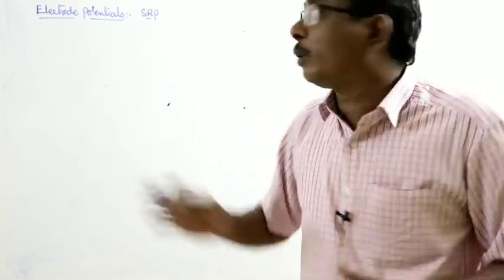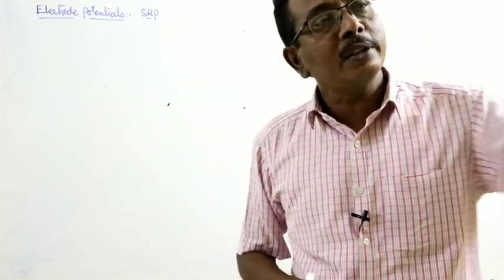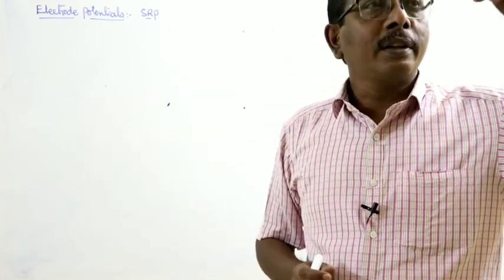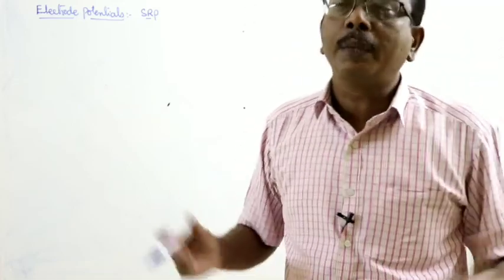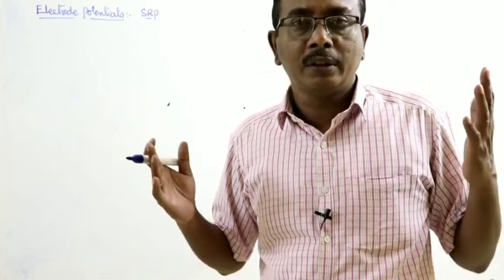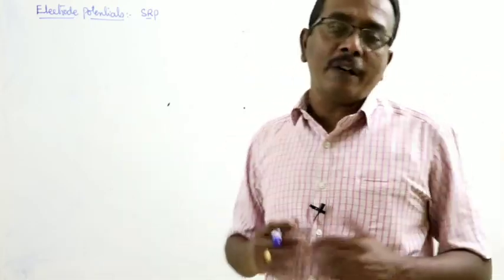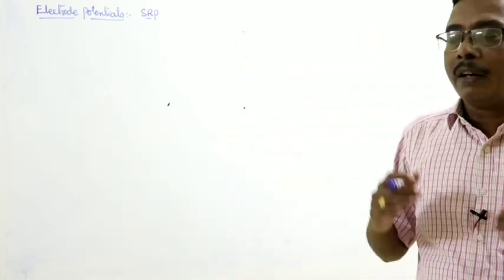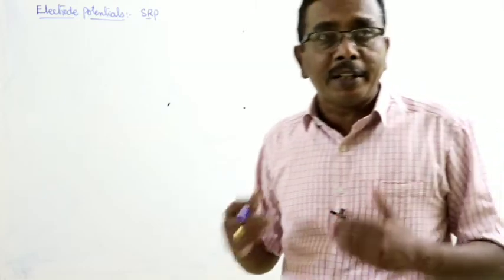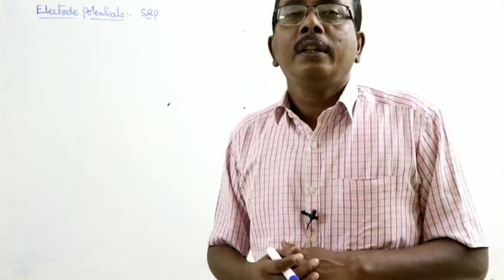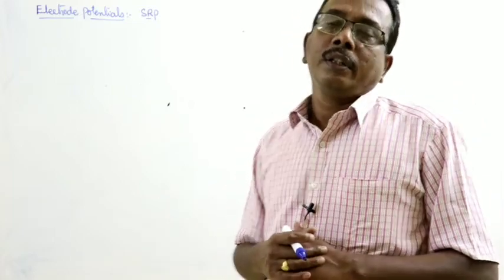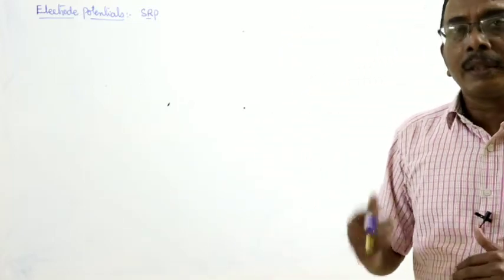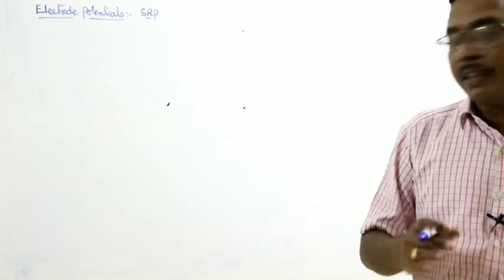Then you have no need to think about this. Simply you can read SRP, and you can easily understand SRP means standard reduction potential. It is convenient after completion of electrochemistry. But here, unfortunately, the chapter electrochemistry has not been completed. That will come later on.